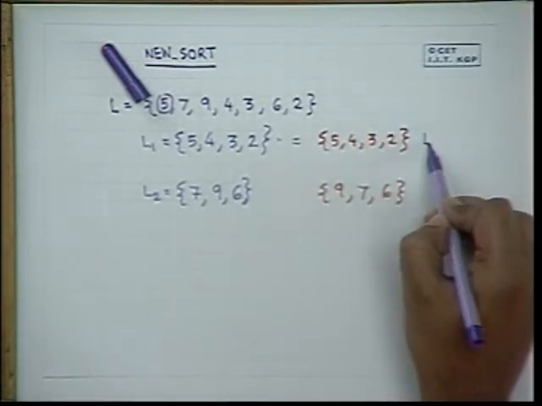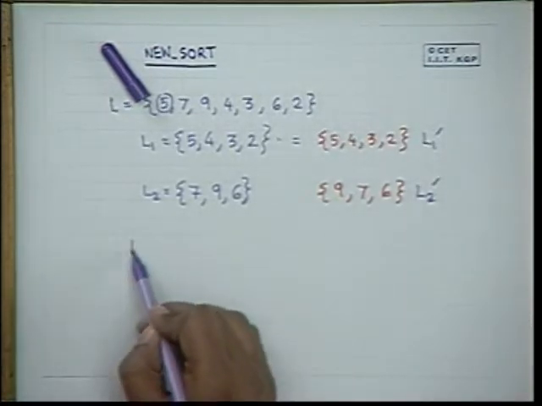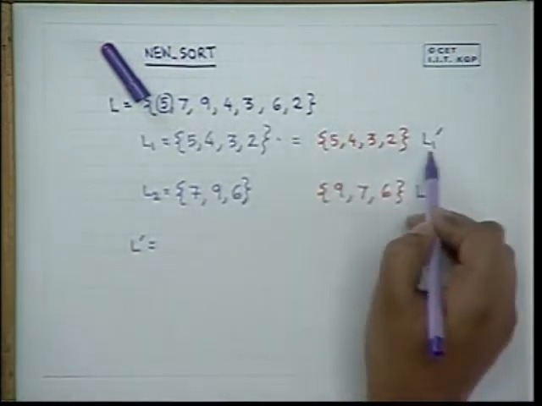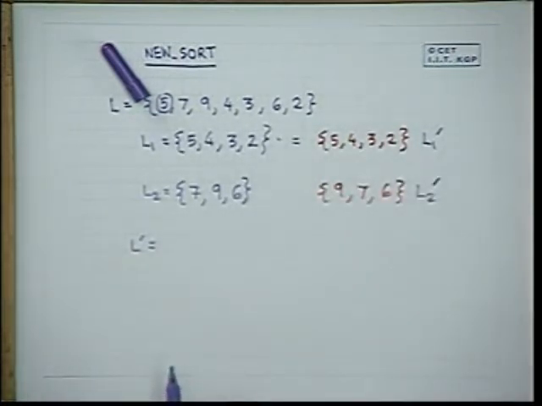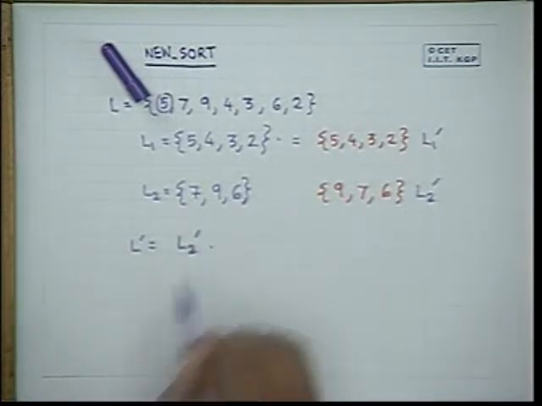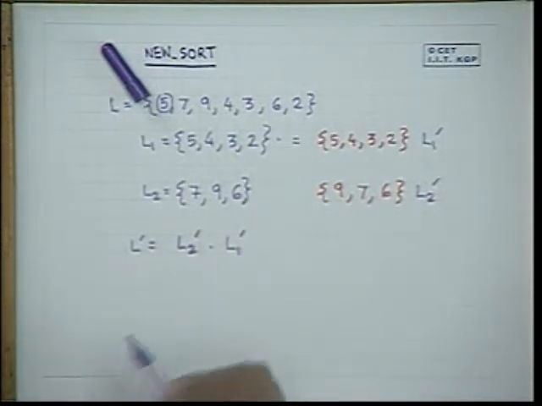So this is L1 dashed and this is L2 dashed, and what is L dashed? It is just this one followed by this one. So it is L2 dashed concatenated with L1 dashed, or appended with L1 dashed, or joined with L1 dashed.